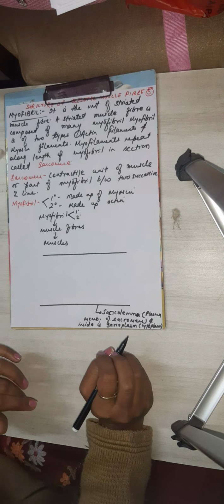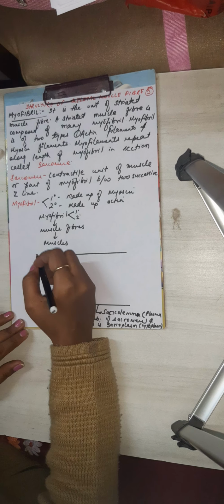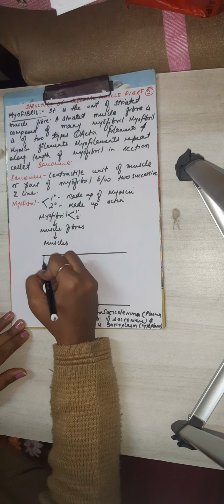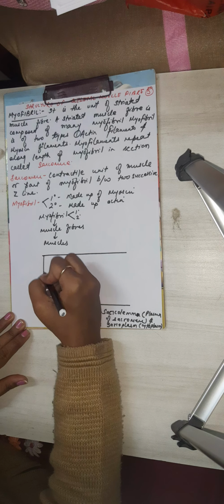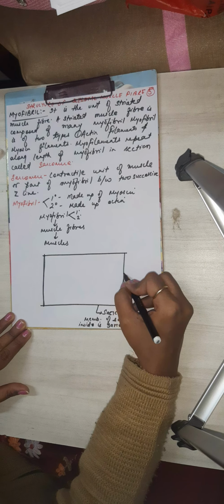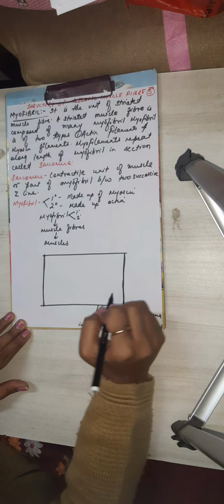Okay. Now next is what? Z line. This is a Z line, okay. This is Z line.